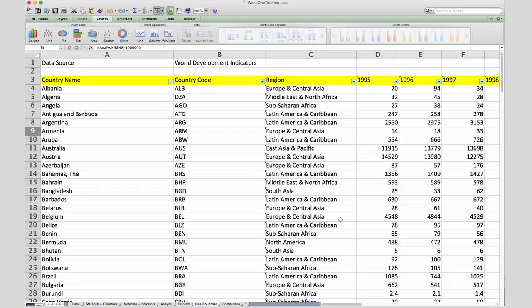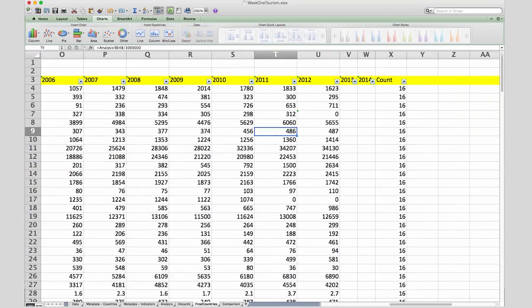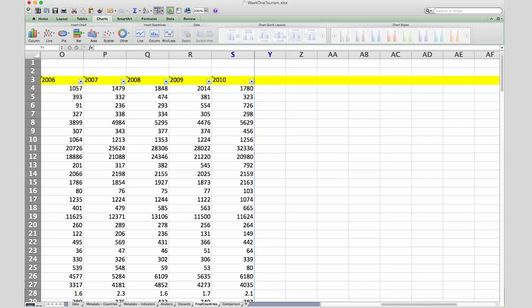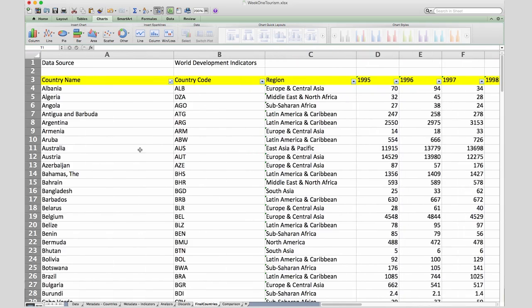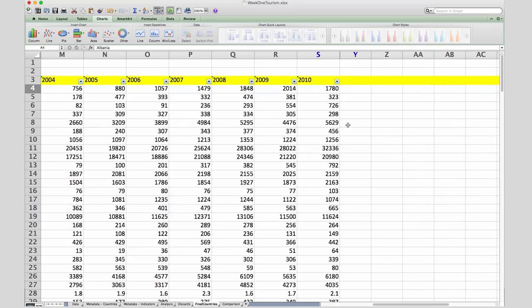Now, before I proceed, let me go ahead and do a little bit of cleanup. I noticed that 2010 is my last year, so I'll go ahead and hide the remaining columns. And let's begin with the very first country, Albania. So I will create a new column for the mean.